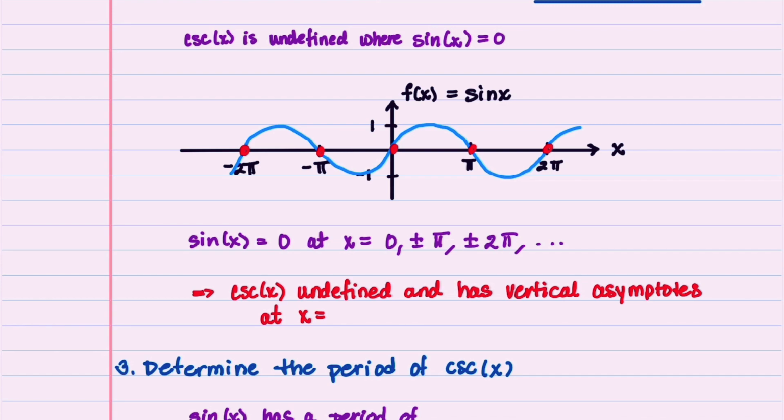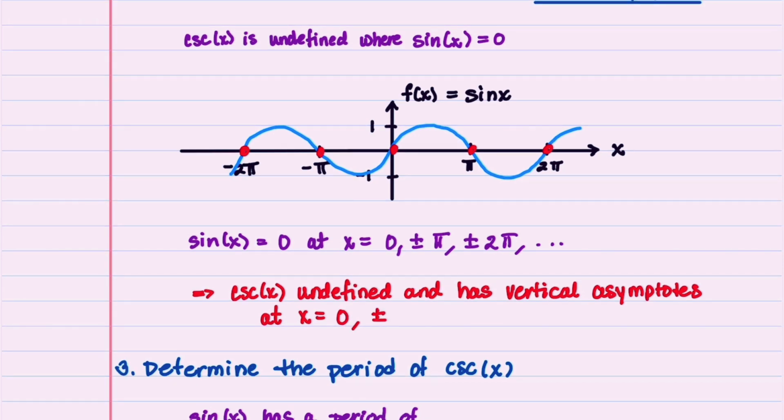This tells us that cosecant x is undefined and has vertical asymptotes at these points. So that occurs at x is equal to 0, plus or minus pi, plus or minus 2 pi, and more points after that.